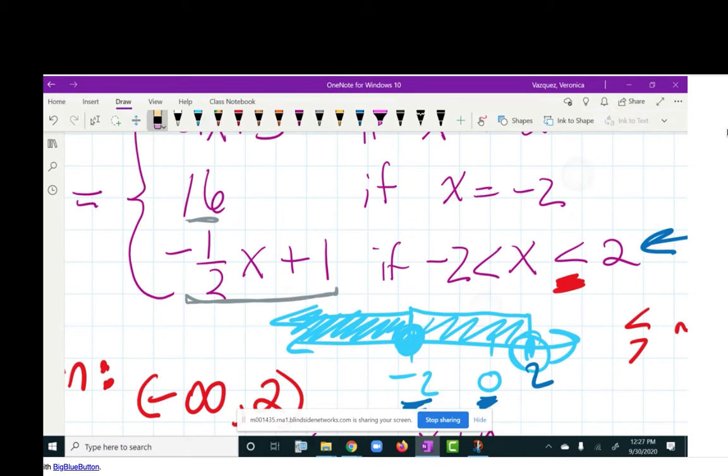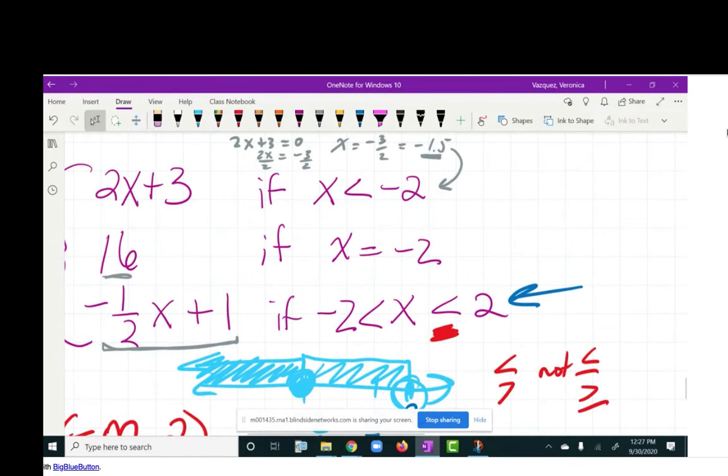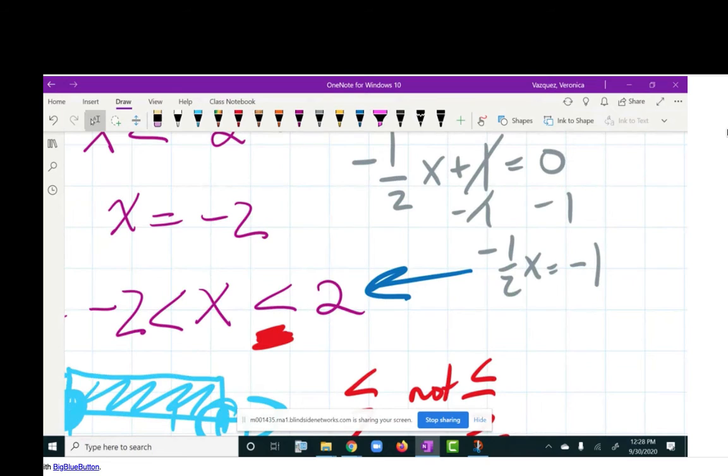We've got negative 1/2 x plus 1 equals 0. Subtract 1 from both sides, and that cancels, and we have negative 1/2 x equals negative 1. If we multiply both sides by a negative, that becomes positive, and this becomes positive. And then we get x equals 2.